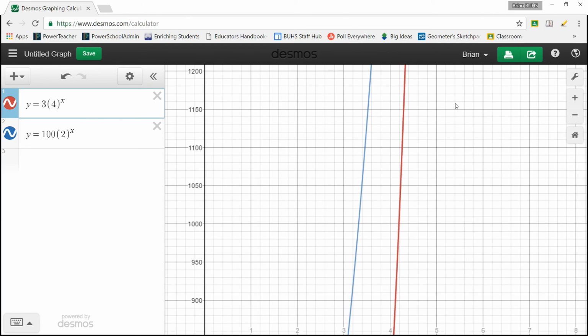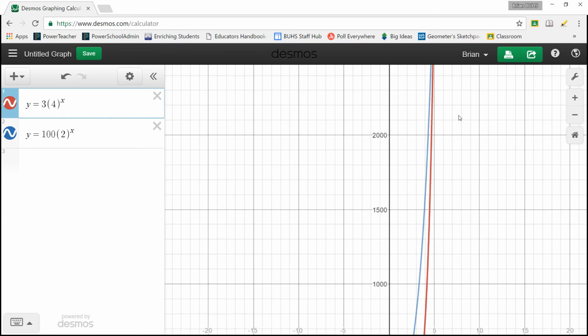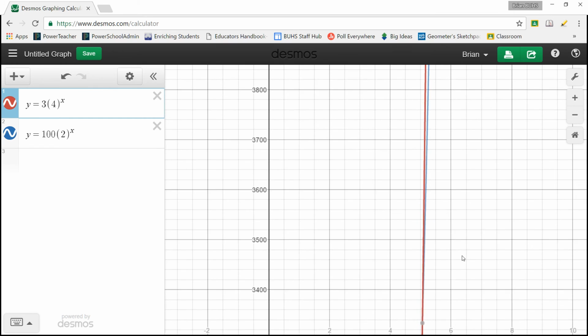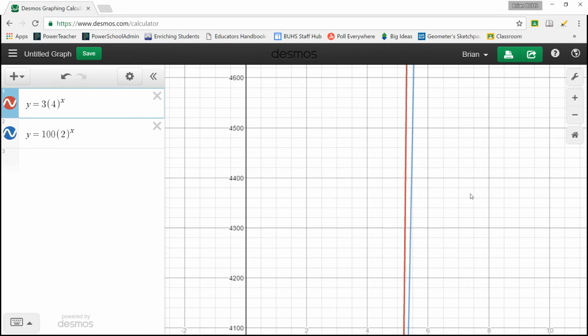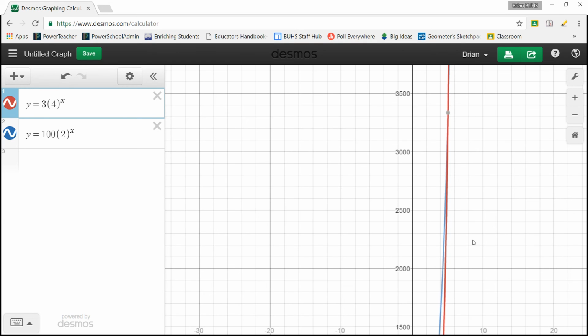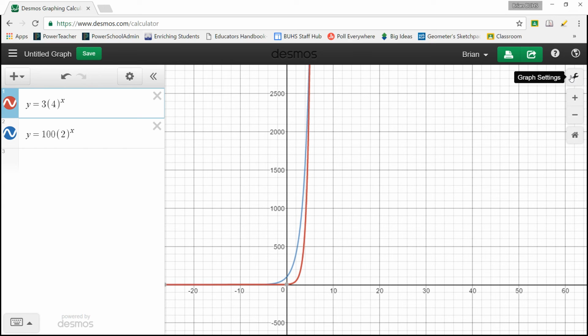Oh dear, they're getting closer to each other. Let me zoom out. Oh, what? They intersect. And now the red line is bigger. It's growing faster. That's crazy. Here, let me change the Y scale.